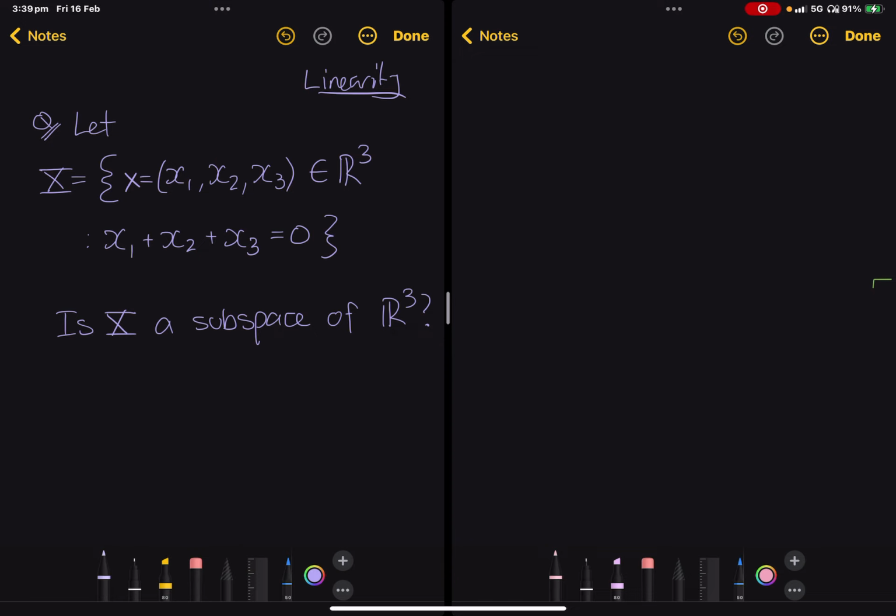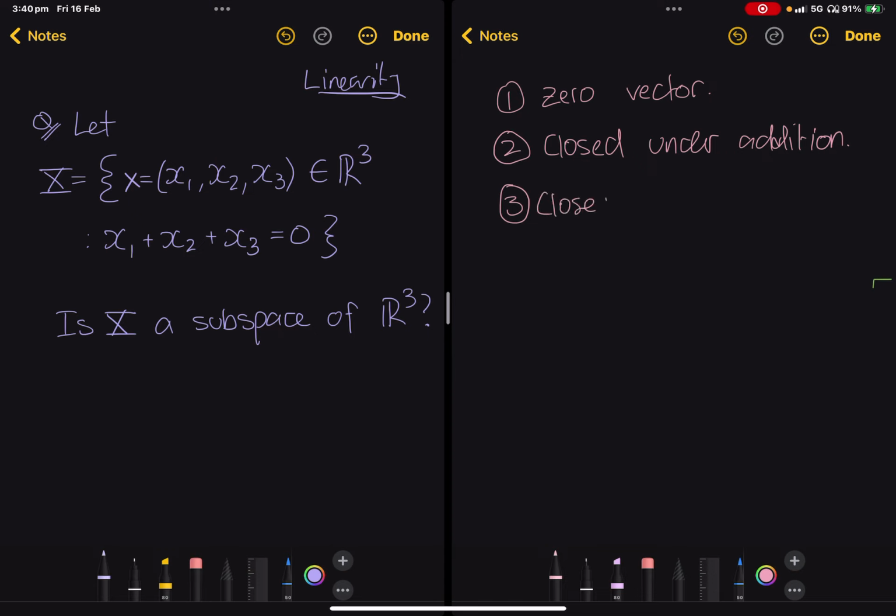So what we need for this to be a subspace is we need three conditions. We need a zero vector. We need two more conditions. We need this to be closed under addition. And the third thing we need is closure under scalar multiplication.